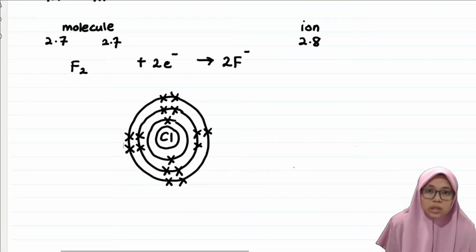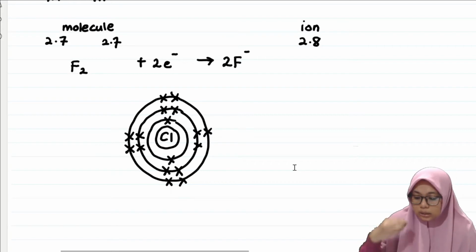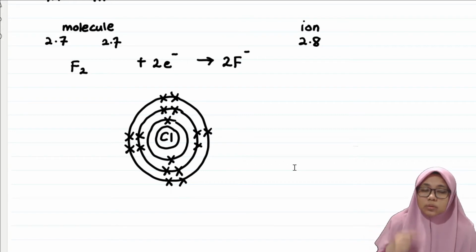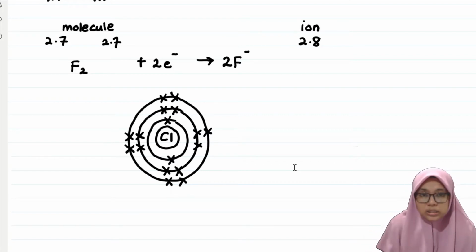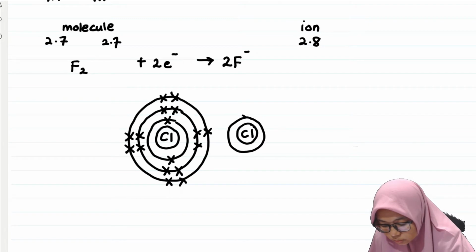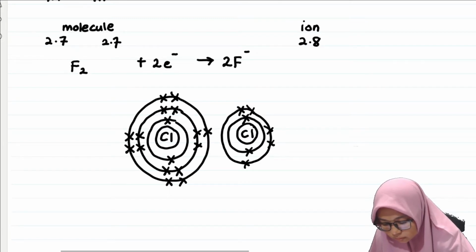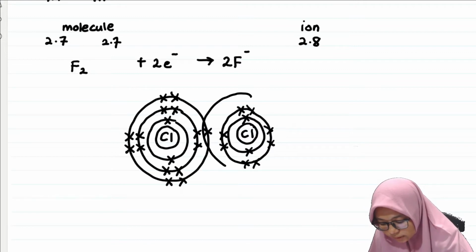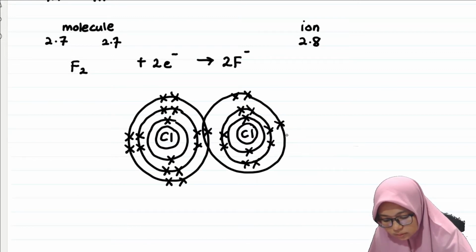So same as the fluorine atom just now, the chlorine atom will also share its valence electron with another chlorine atom to form a chlorine molecule. So the electron arrangement will be 2, 8 and 7, same as the first chlorine atom.